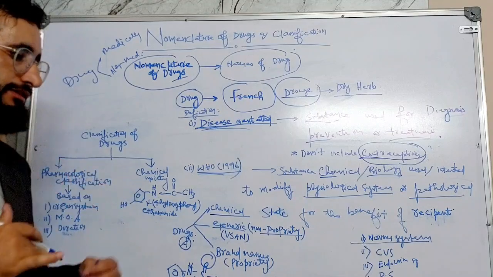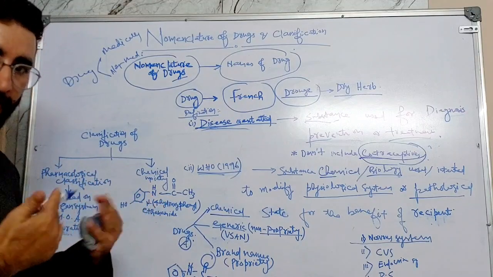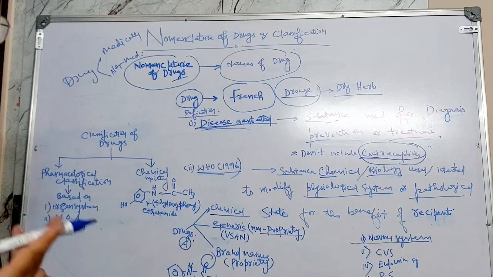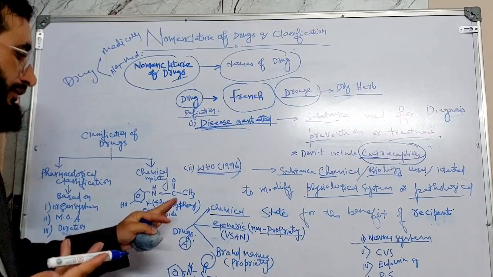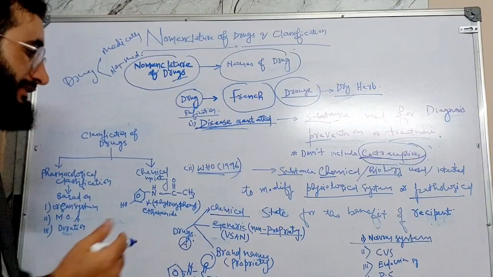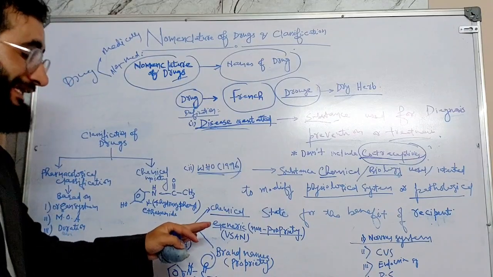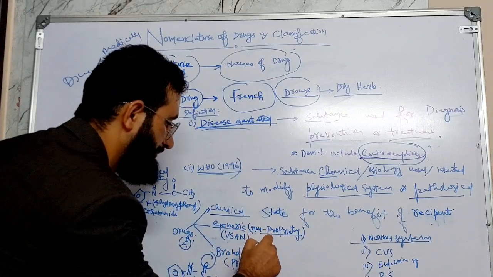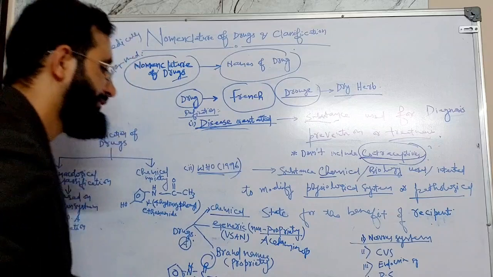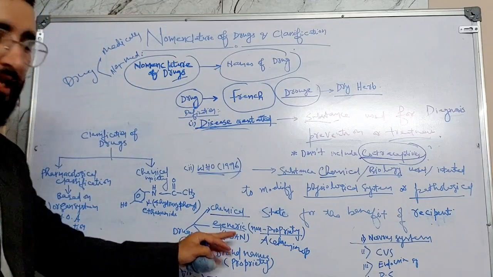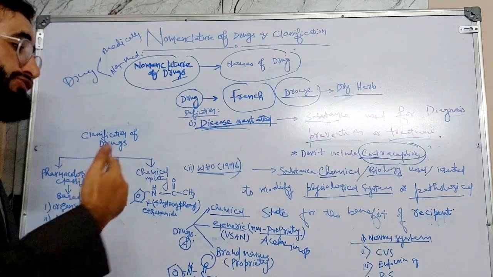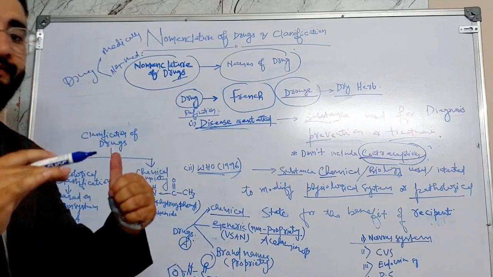After this drug was experimentally used, it showed antipyretic properties. Later on, this drug has been given the generic name acetaminophen by the United States Adopted Name board. It's a naming board which gives the generic name to a drug, and it is internationally accepted.